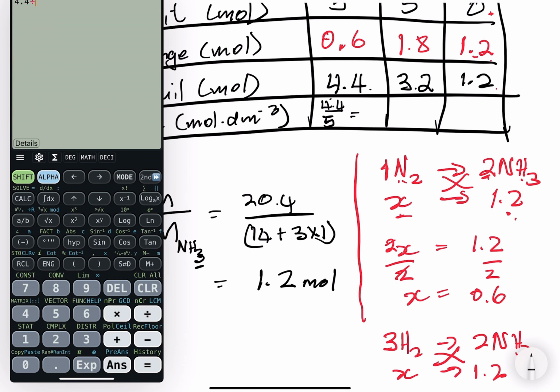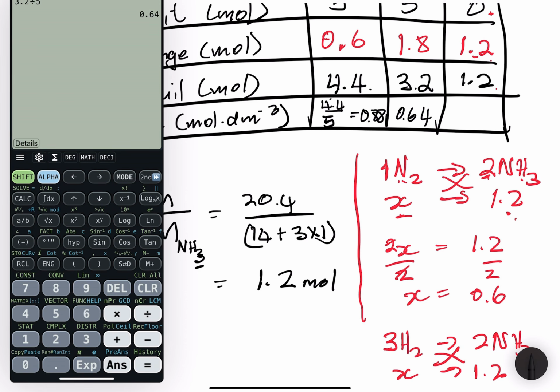If it's a liquid or a solid, you can't calculate the concentration of it. So I've got 0.88 here. We'll do the same for hydrogen: 3.2 divided by 5, and I've got 0.64.